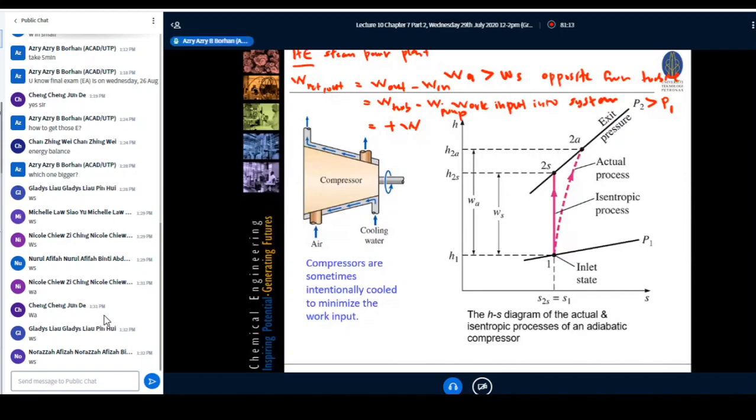So if your W pump is smaller, your steam power plant will generate more power based on this particular equation. And so that's why under the isentropic compression, your WS must always be lower than WA, right? This is due to the presence of irreversibilities inside your control volume, right?